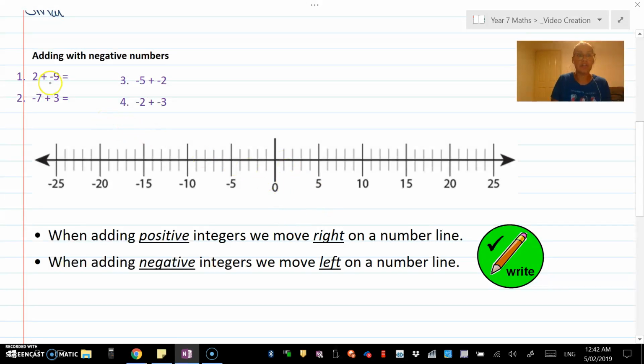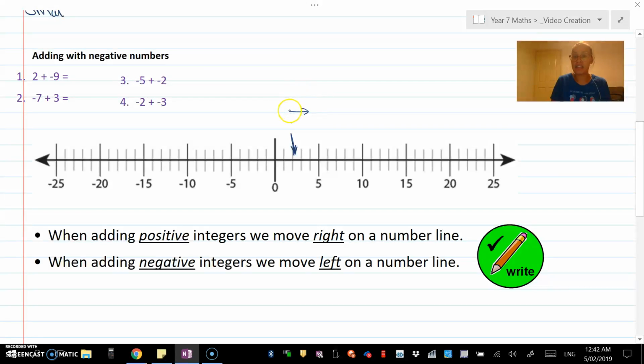So here we go, we've got 2 plus -9. So I'm going to start with 2 here. You can draw a number line in your book. And then plus -9. So when I hear the word plus or add, I'm going to start looking towards my numbers, because that's what we normally do. We add, the numbers get larger.